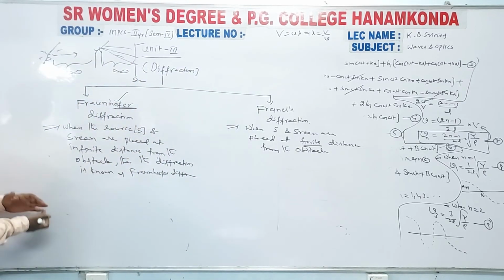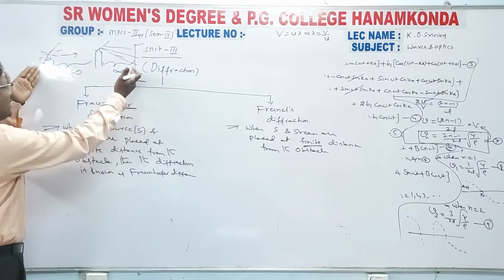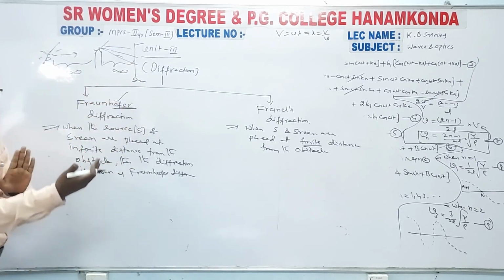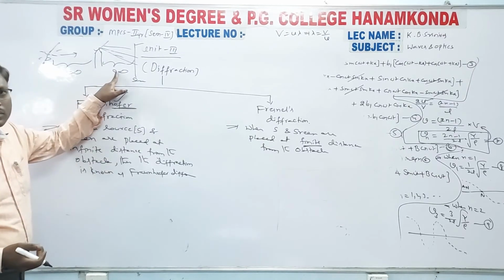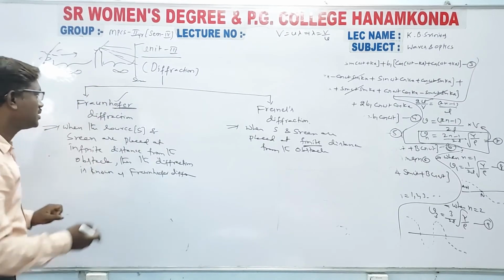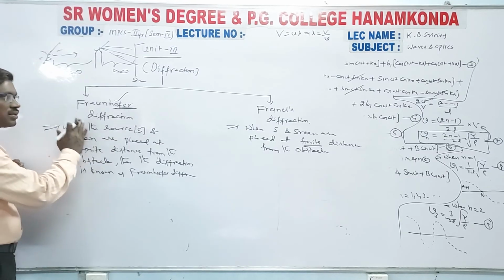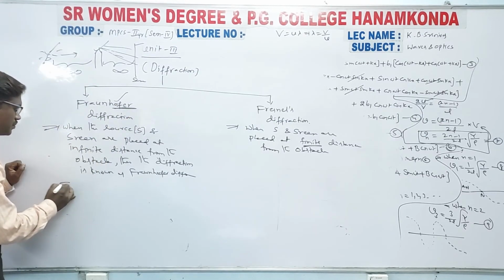To get Fresnel's diffraction, we need to place the source and screen at finite distance. The distances should be measurable. Clear? This is the first point of Fresnel's and Fraunhofer diffraction.